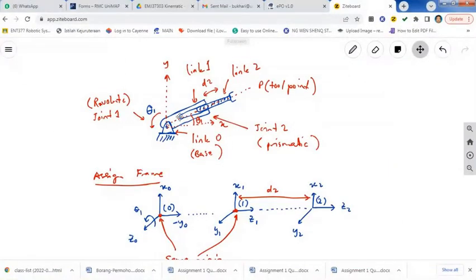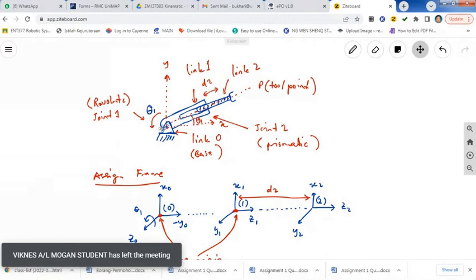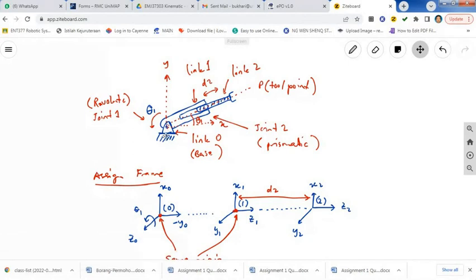Okay, this is the robot. You have a revolute joint, and then you have linear motion. So this is a two joint robot. You have rotation theta because your z value is perpendicular to our screen.